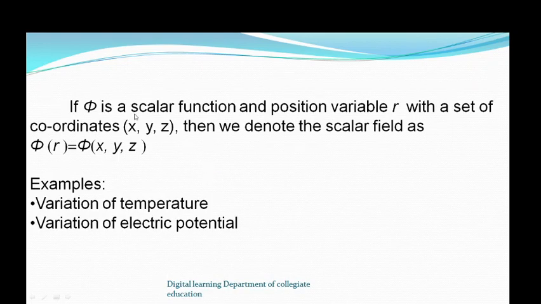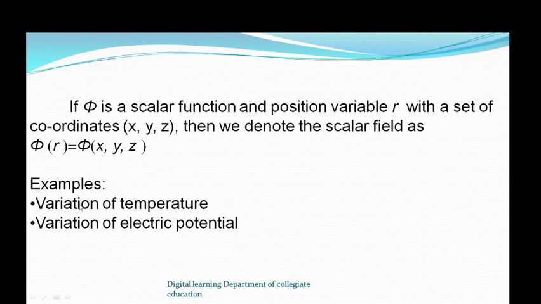If phi is a scalar function of position variable r with a set of coordinates x, y, z, then we can denote the scalar field as phi of r equal to phi of x, y, z.